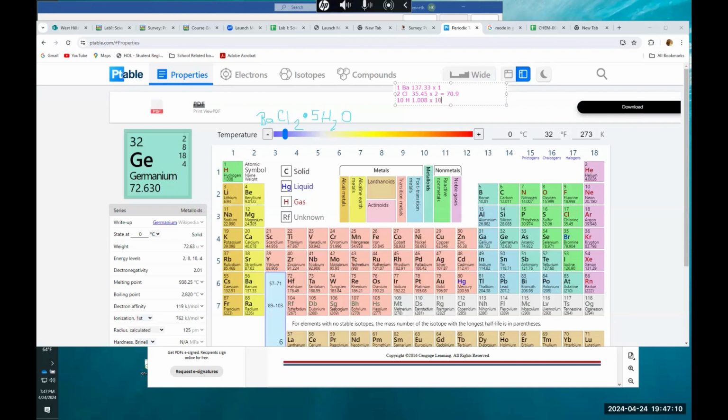Times 10. So that's going to be what? 10.08. Okay. And oxygens? There's 5 oxygens, and that's 74.995.